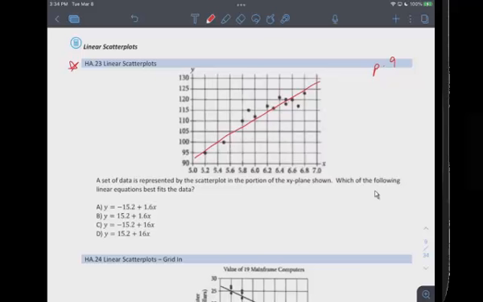And so the suggestion for something like this is find a point that lies pretty close to this line of best fit, but also has coordinates that you can find. Well, if I look at this point right here, I see it has an x-coordinate of 6 and a y-coordinate just above 110, right? So somewhere around 112, let's say.